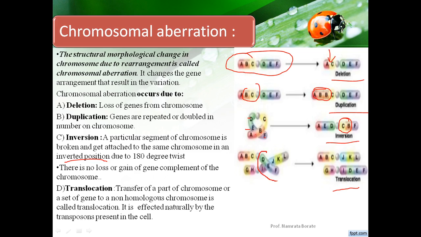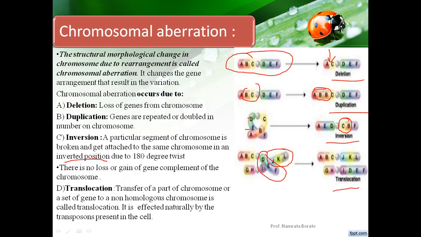Part means this half part, that is E and F. There is a transfer of a part of a chromosome or a set of genes. A set of genes means these 3 genes, and on another chromosome there is a presence of 3 genes, that is a set of genes J, K, and L. There is a transfer of a part of a chromosome or a set of genes to a non-homologous chromosome. It is called translocation.